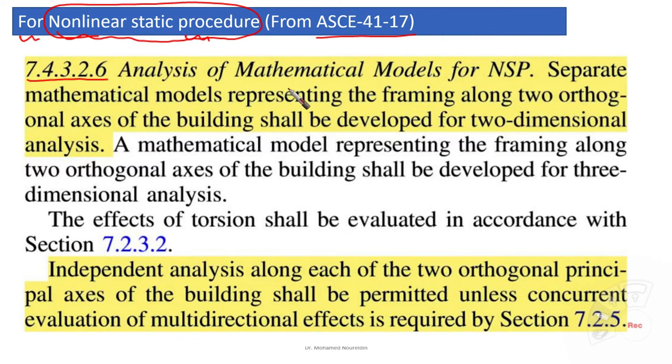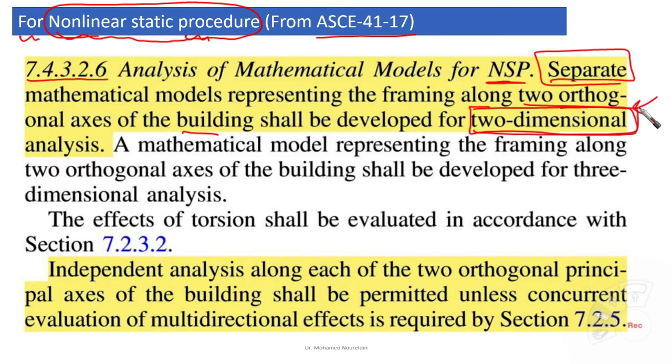So under section 7.4.3.2.6, analysis of mathematical models for NSP, which is nonlinear static procedure, they said that separate mathematical models representing the framing along two orthogonal axes of the building shall be developed for two-dimensional analysis. This means that two-dimensional analysis is allowed and it is separate. You can use separate analyses.